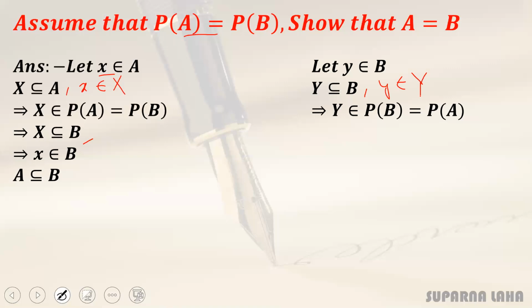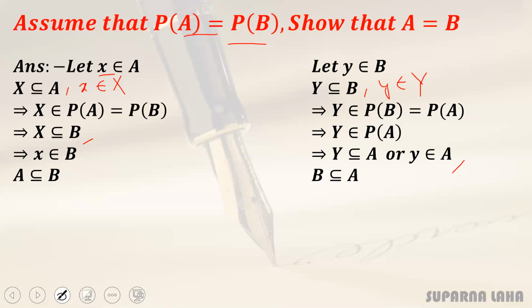So power set of B is equal to power set of A, since it is given. Now, since capital Y belongs to the power set of A, that means Y is a subset of A, so we can say that this element y belongs to A. That means B is a subset of A.